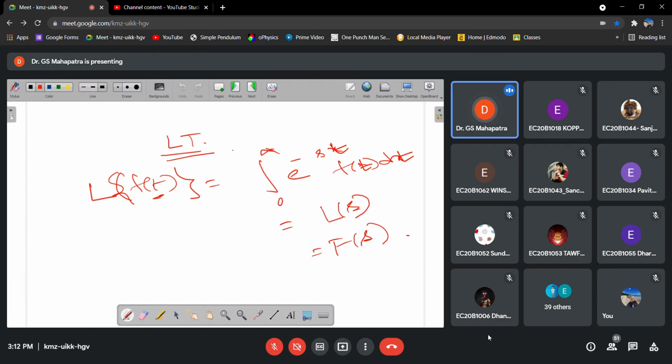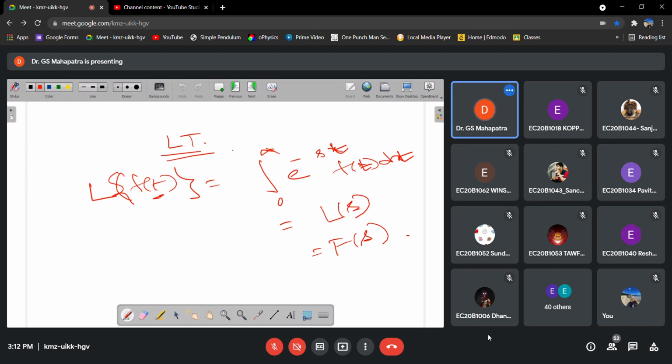Actually, we have just discussed the difference between the earlier study and this study. Now, what is the meaning of the Laplace transform? Why do you have to study this one?